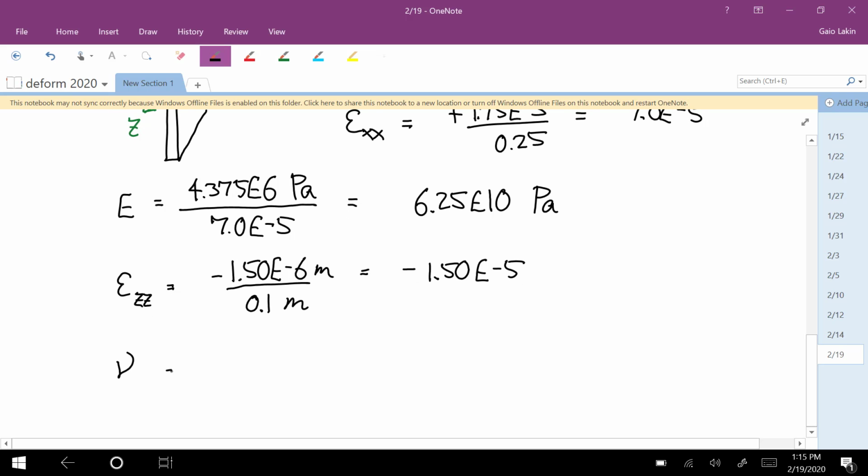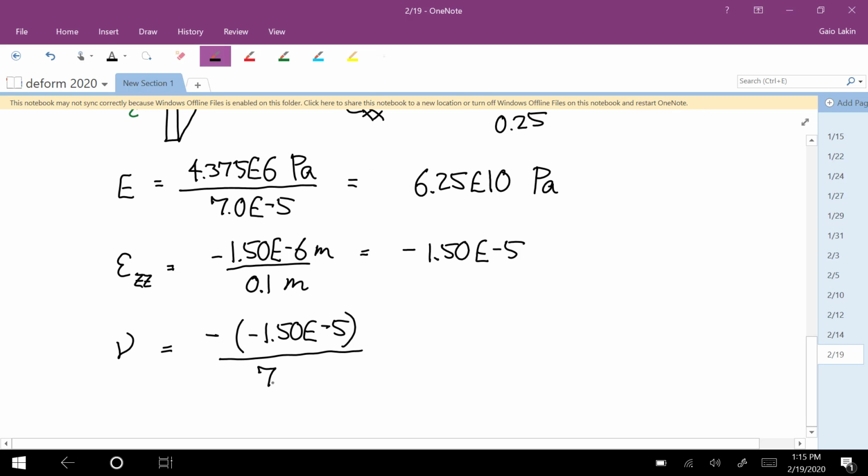And so Poisson's ratio is negative of the strain in the off-load direction. So that's a negative 1.5 times 10 to the minus fifth divided by 7.0 times 10 to the minus fifth. The negatives cancel, and I think you get 0.214.